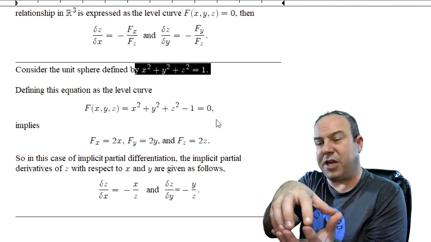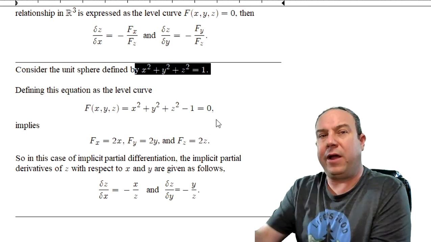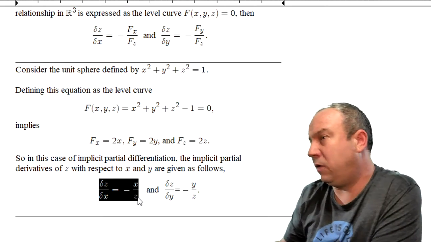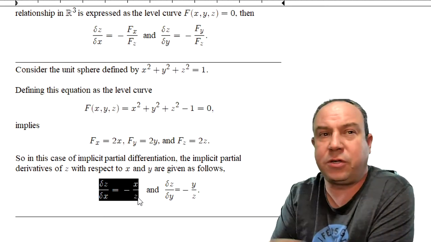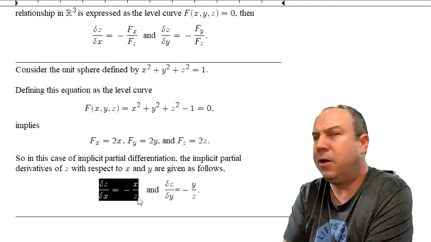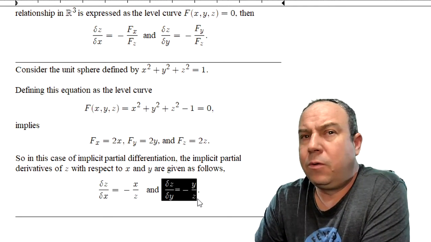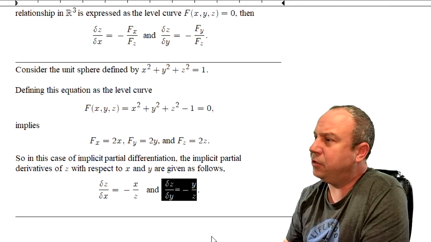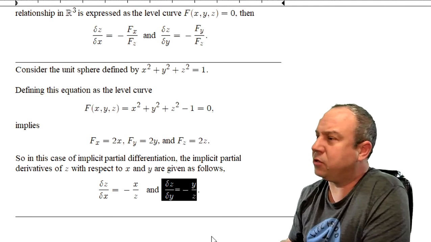The rate of change on the unit sphere where y is held constant and only x is allowed to change. That's the partial of z with respect to x. Or where x is held constant and only y is allowed to change. That would be the partial of z with respect to y.